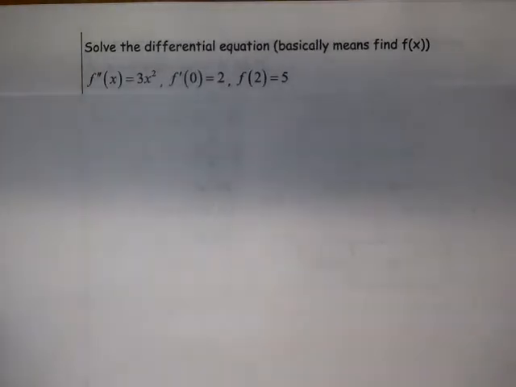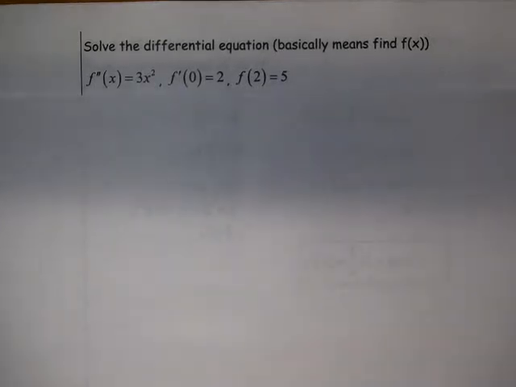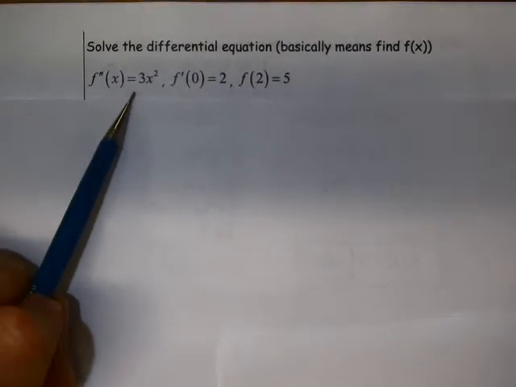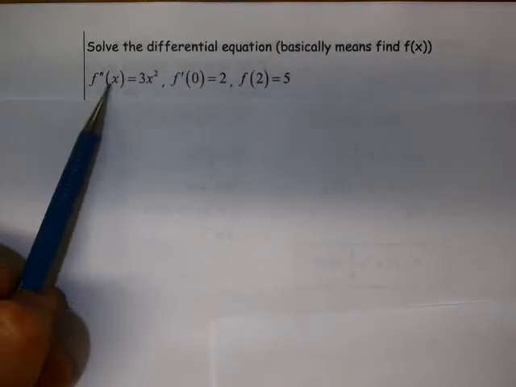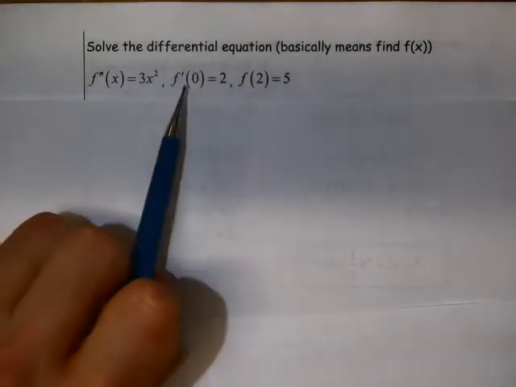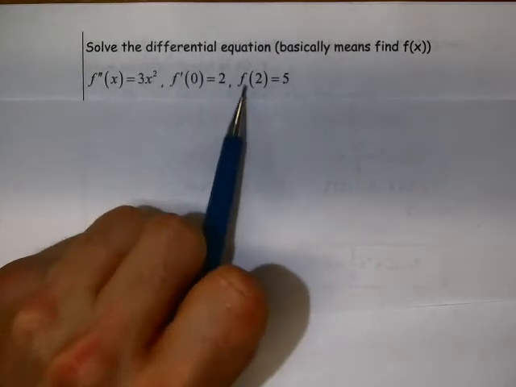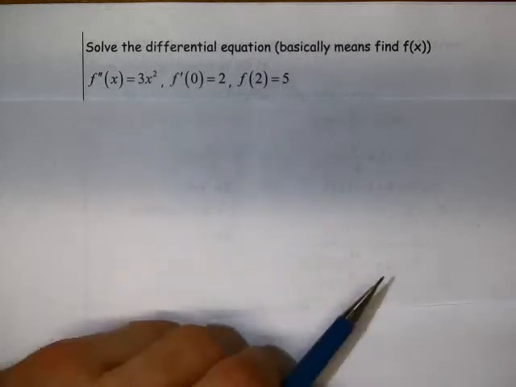So when we start out, we have to be given certain types of information. In this case, we're given that the second derivative of f of x is 3x squared, the first derivative of f at 0 equals 2, and f of 2 equals 5.